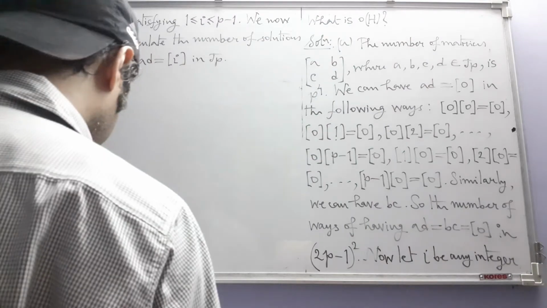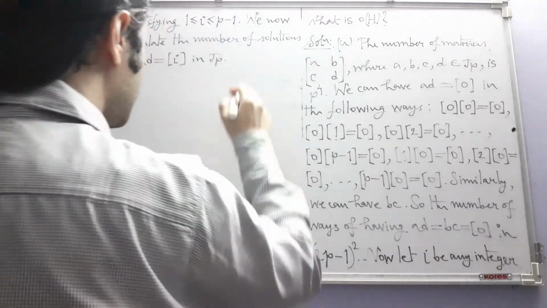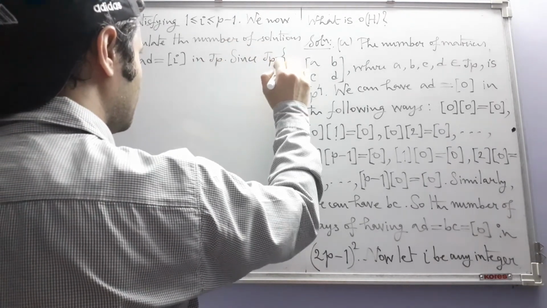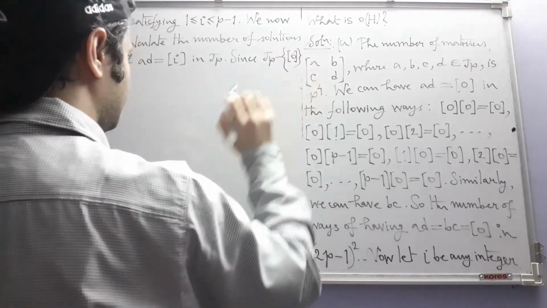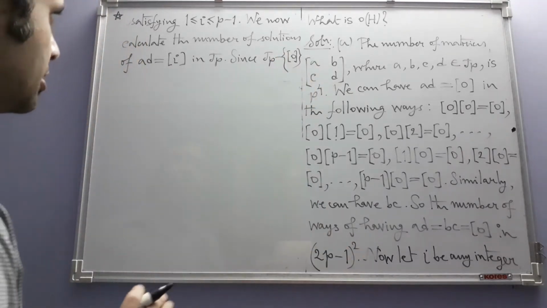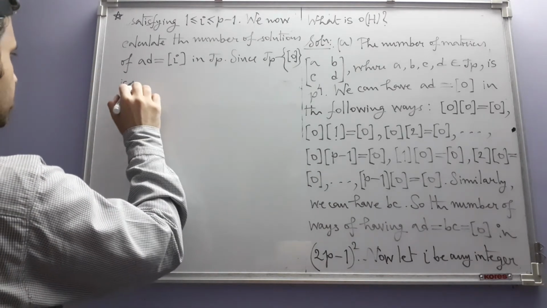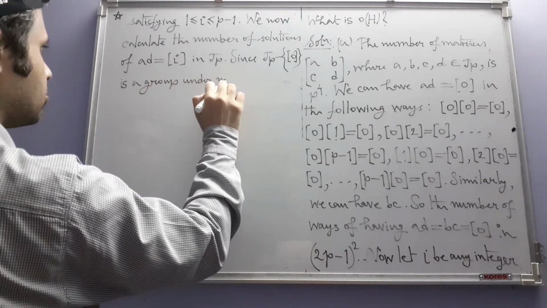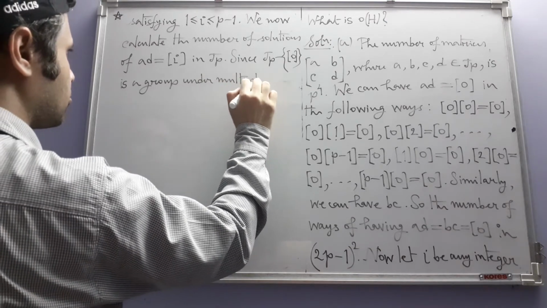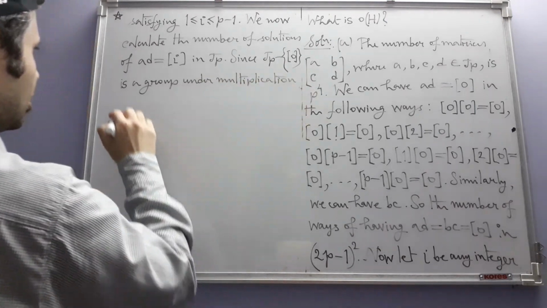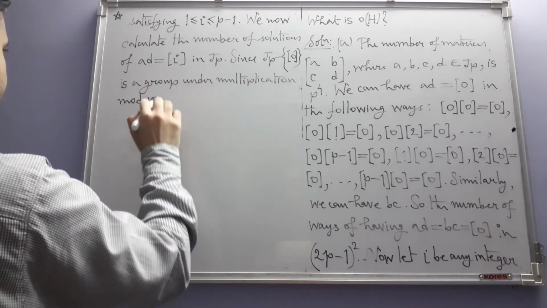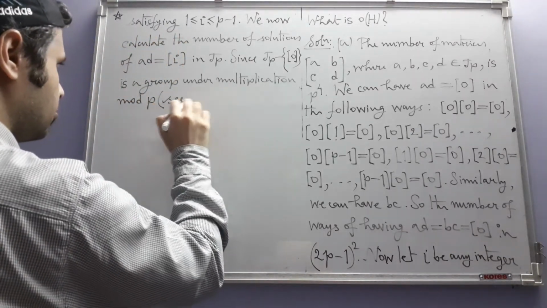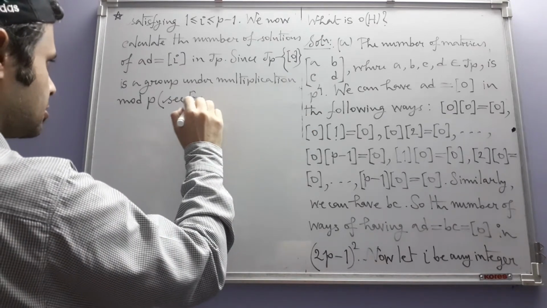And the thing goes like this. Since JP minus 0, if from JP we remove the zero congruence class, is itself a group under multiplication mod P, and we have already proved this fact in this set of exercises itself.